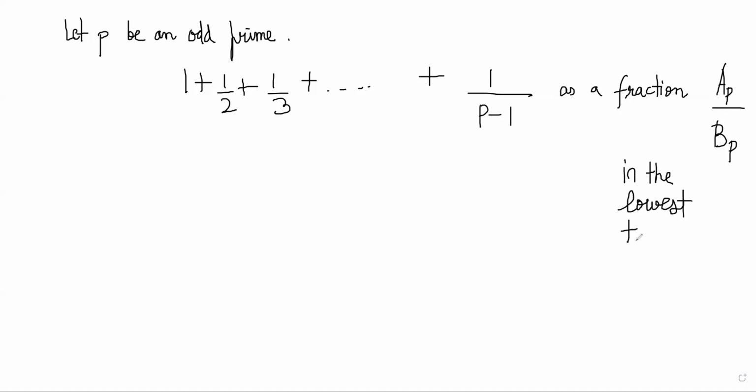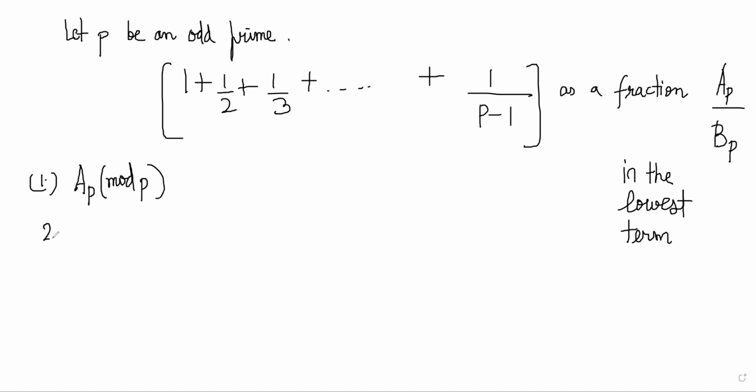So what I want you to think about is, you want to write this sum of terms as a fraction AP/BP and then reduce it to the lowest terms. Find the value of AP mod P and also try to think about what AP mod P square is.